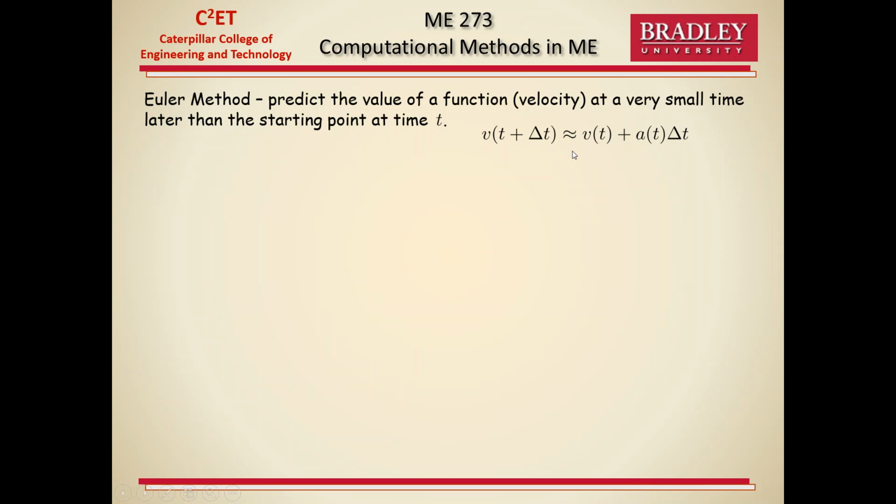Now the Euler method itself involves iteratively doing this over and over again, but this is the equation we're going to apply. The velocity at a later time, some t plus delta t, is approximately equal to v at the earlier time plus a. We have a. Newton spit that out at us. We know what a is, so I can evaluate a at any time I choose because I've got the function.